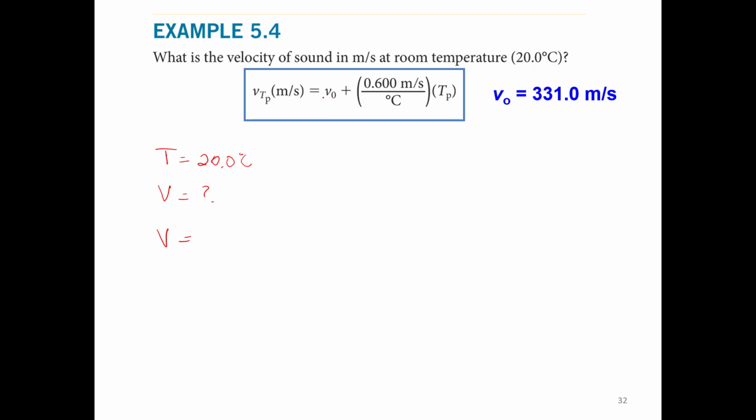Again, in your equation sheet you will have this value. I already include it in the equation, so you don't have to worry for this part. Plus 0.6 meters per second. I want to write this one, it's the same thing, I think it's easier. Let me write this one again.